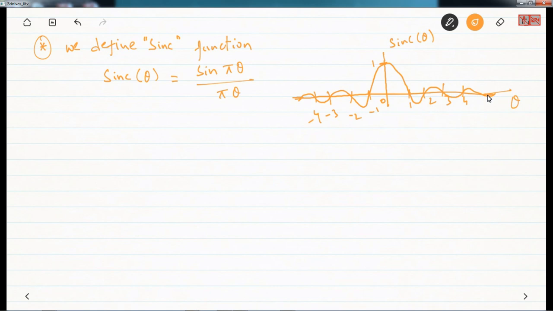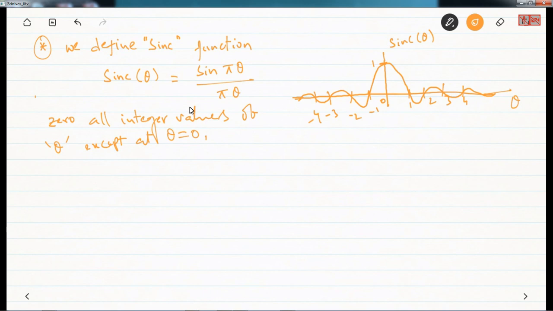So this sinc theta has 0 value at all integer values of theta except at theta equal to 0.